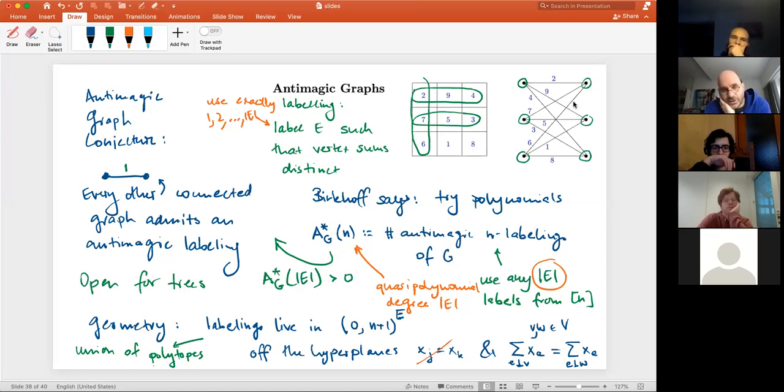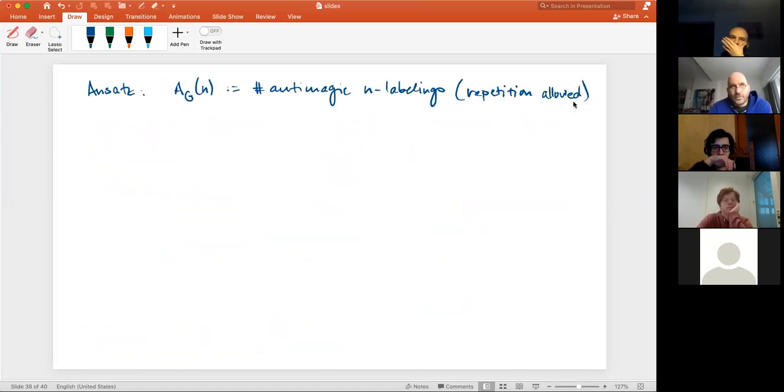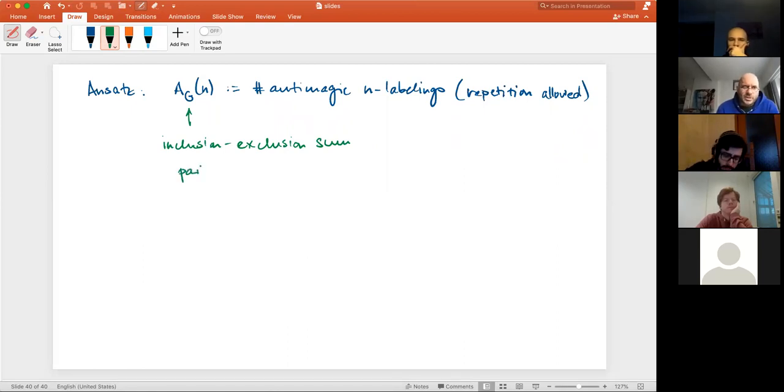I have to do some tricks. And one way to do that is to realize I can write this as an inclusion-exclusion sum, where I look at partial magic labelings.